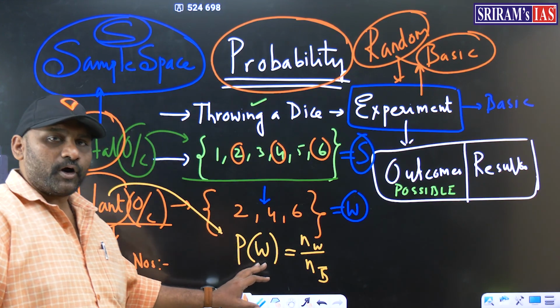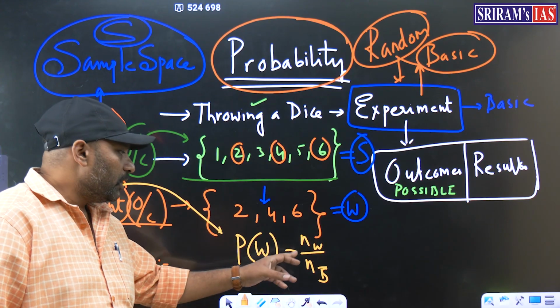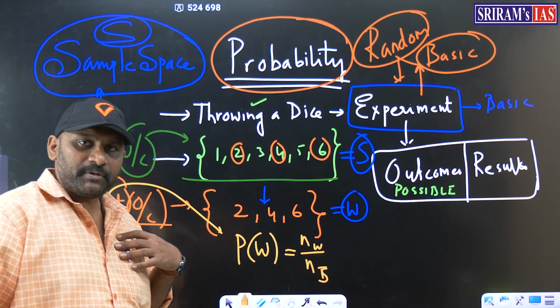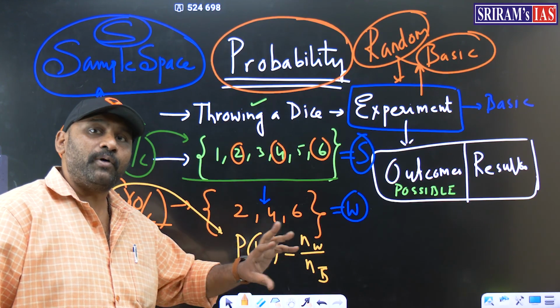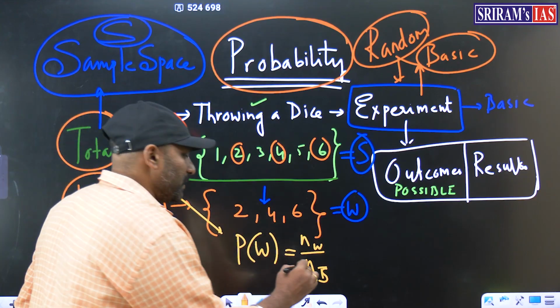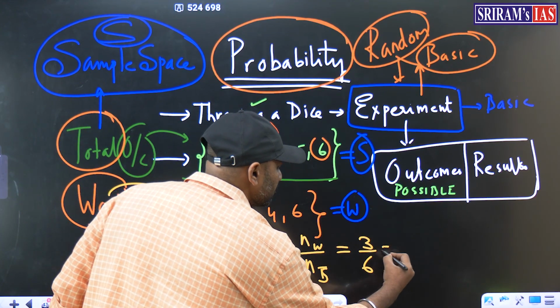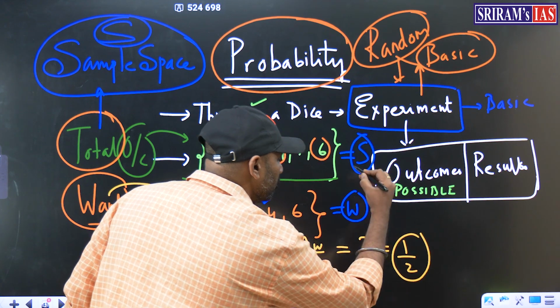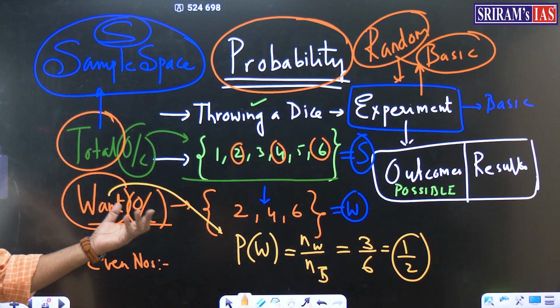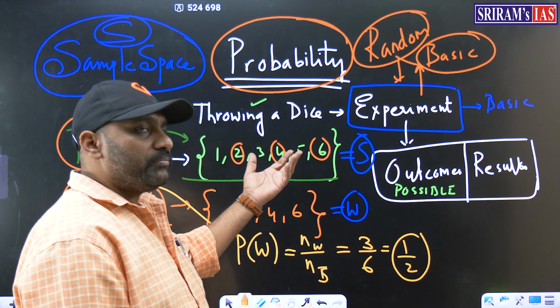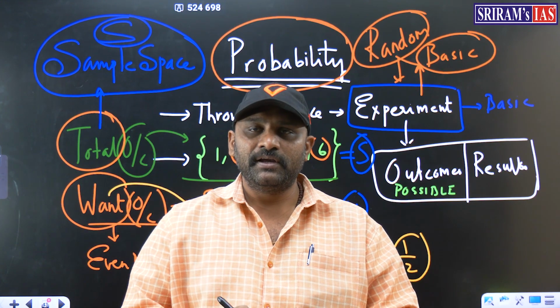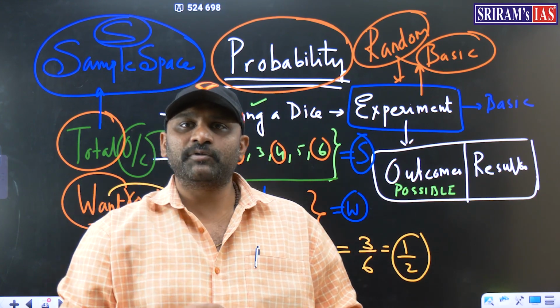So the probability of my want to occur is the total number of wants I am happy with divided by the total number of possible outcomes, which is 3 out of 6, which is 1 out of 2. So the probability of getting an even number from my experiment is half.